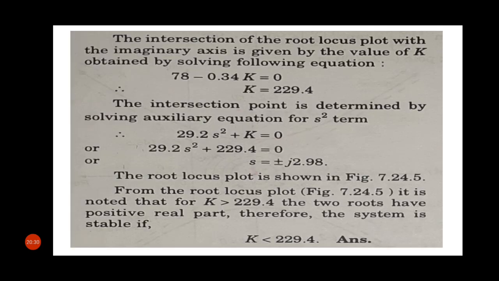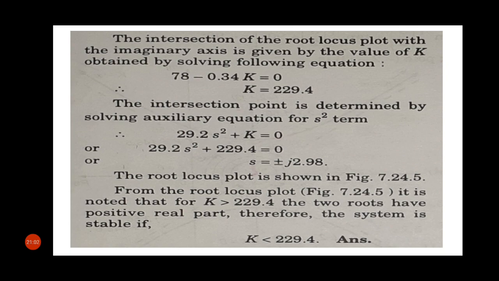Now see, the intersection of the root locus plot with the imaginary axis is given by the value of k obtained by solving the following equation. That means we find the value of k. So for the value of k, we calculate this equation, 78 minus 0.34k equal to 0. From this equation we calculate k equal to 229.4.